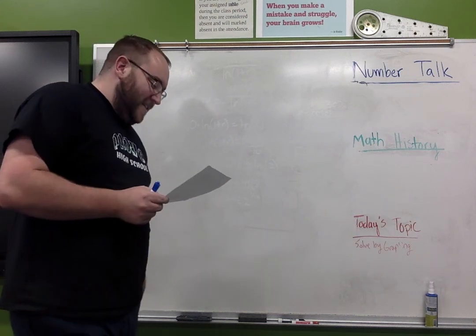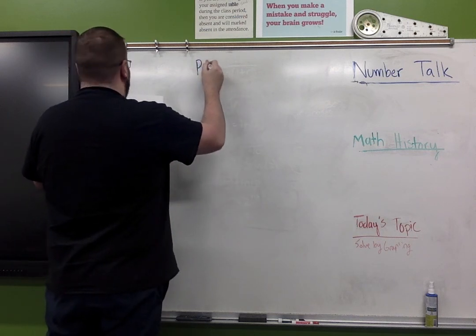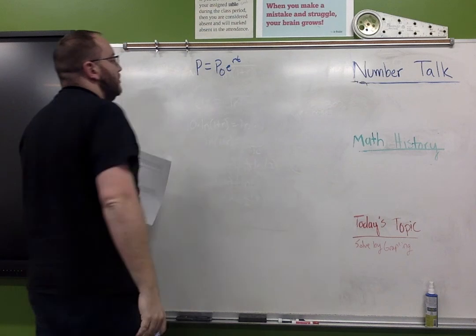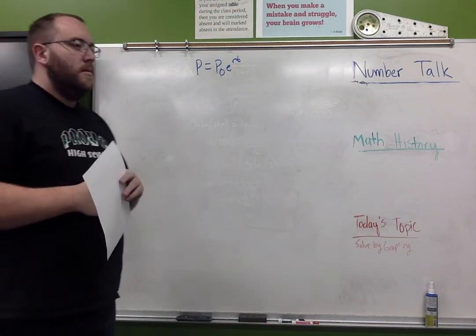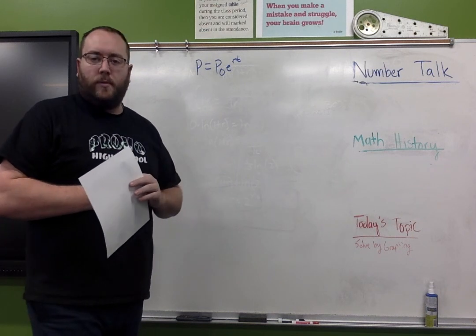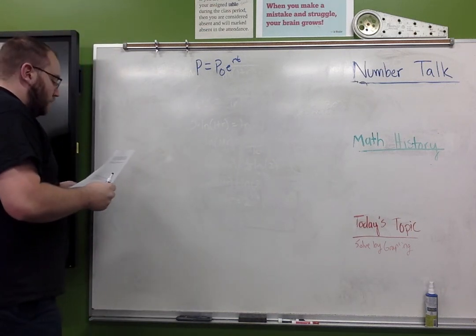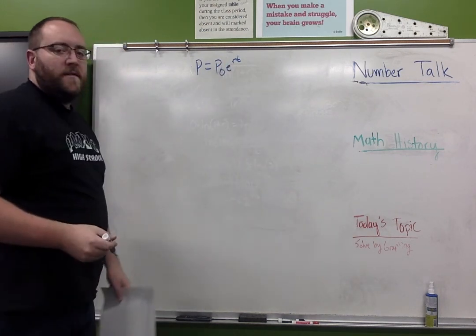Use the formula P equals P naught times e to the rt power. I call this the PERT formula. It's continuous growth. So first thing we need to do, we need to figure out r. Let's plug in some of the stuff we know.